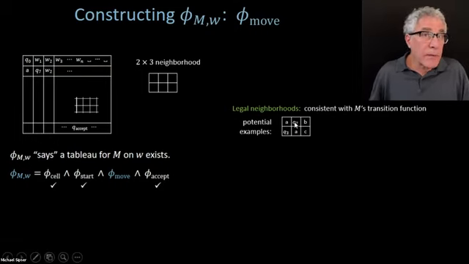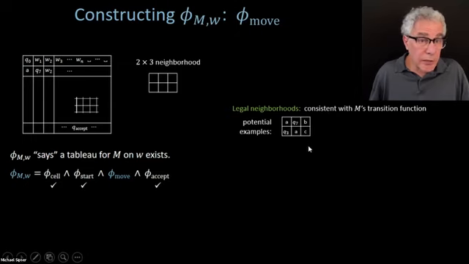So for example, if M, when it's in state Q7 reading a B, goes into state Q3 and moves left, then this would be a legal neighborhood because it shows the head moving left, the B becoming a C. So reading a B, it converts that B to a C and moves its head left into state Q3.